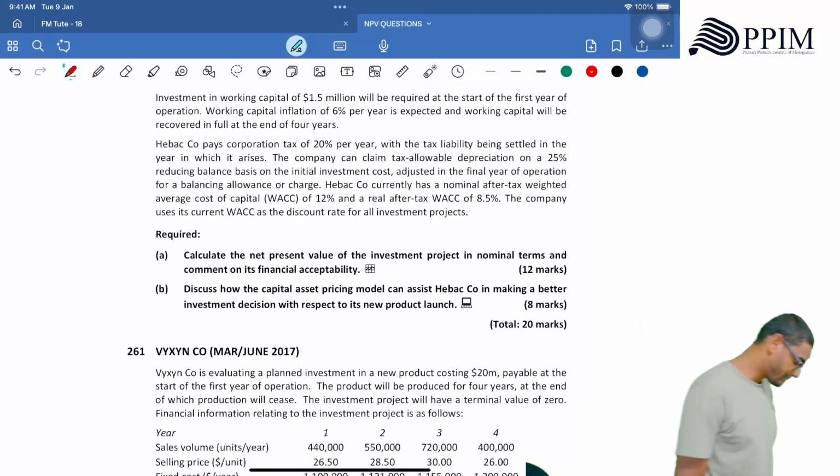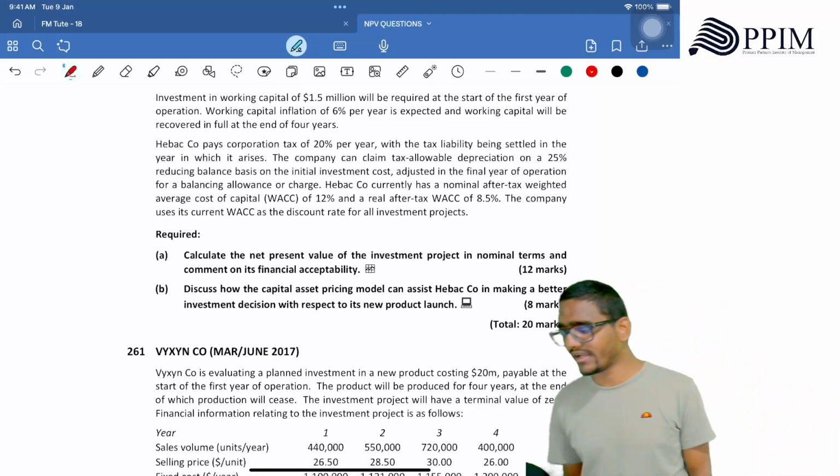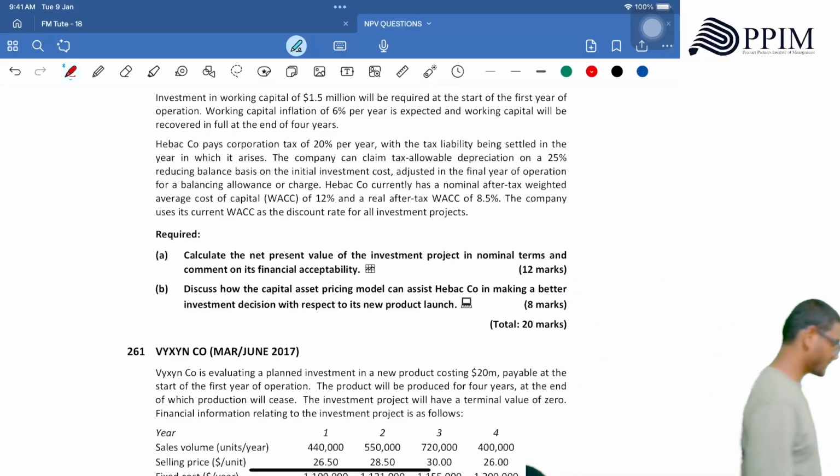Point number 3, explain the process of project specific discount rates.